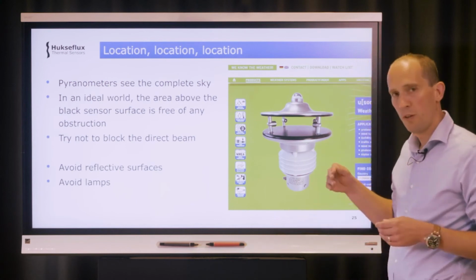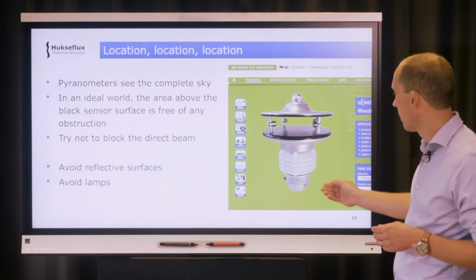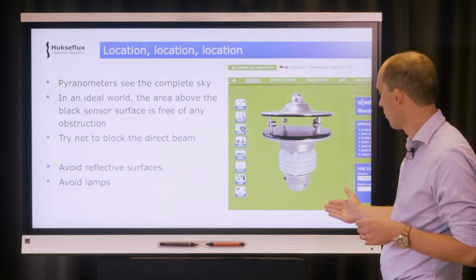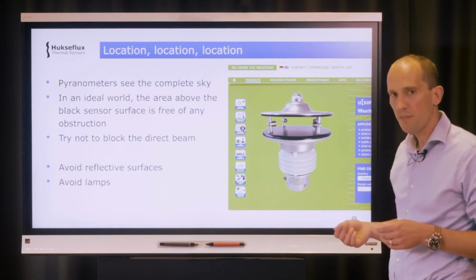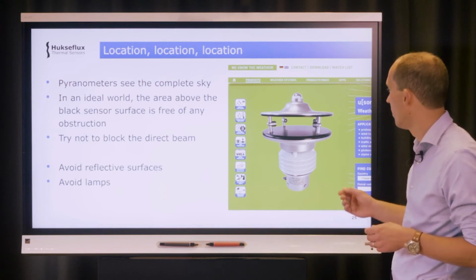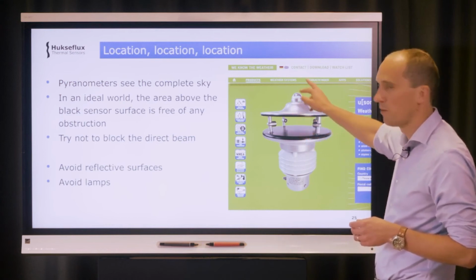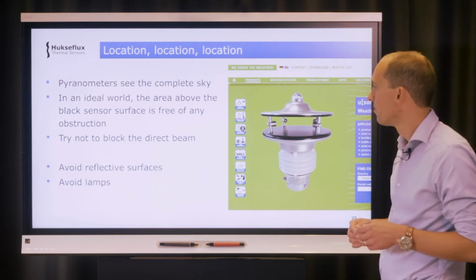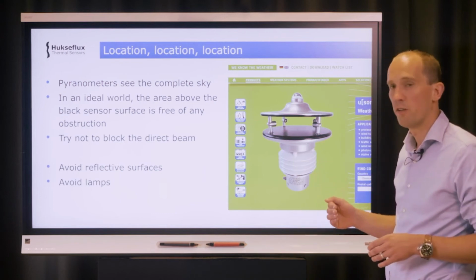Now, when people integrate pyranometers in meteorological stations, for example like this picture here, which offers measurements of temperature, relative humidity, and wind speed in this case as well, you will always see the pyranometer on top of the instrument to make sure it's not interfered with by the other instrumentation.